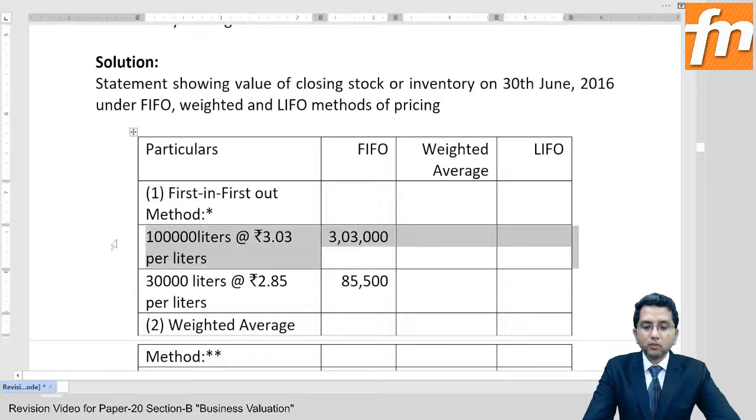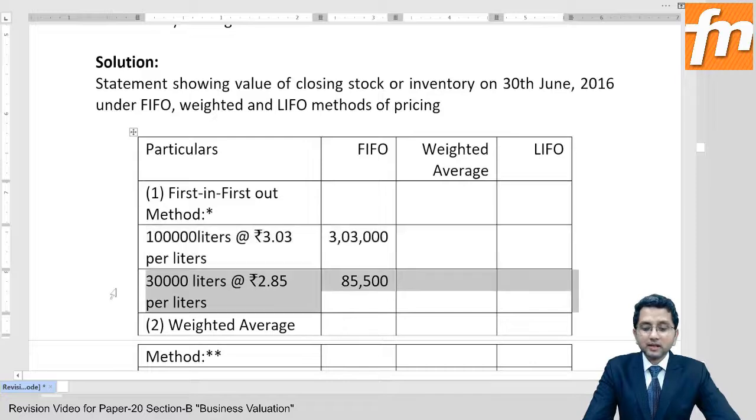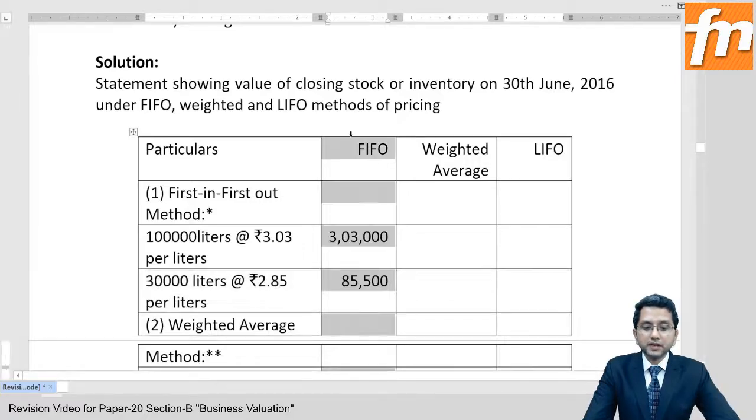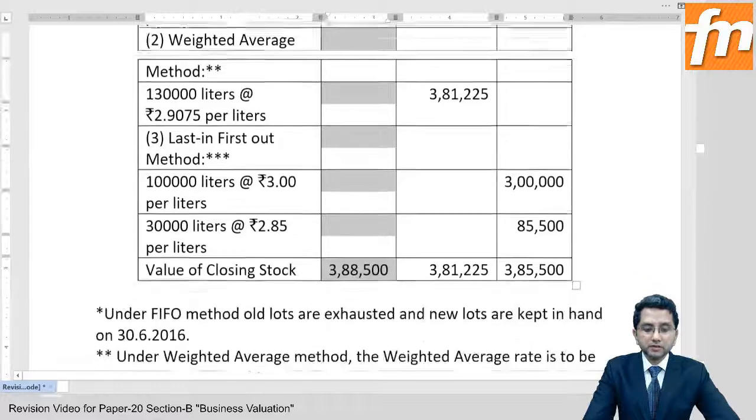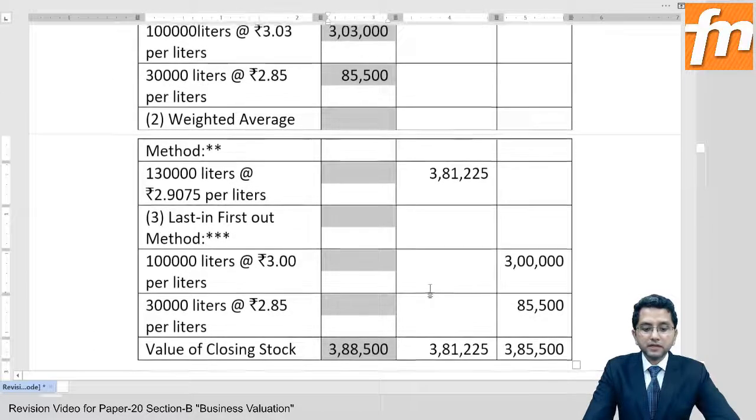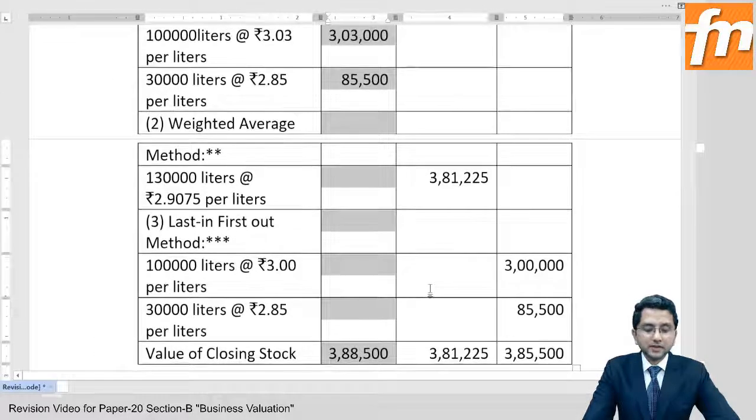So look here, 1 lakh liters at 3.03 is 3,03,000 and 30,000 liters at 2.85 is 85,500 rupees. So under FIFO, this is FIFO column. The value of inventory appears to be 3,88,500 rupees.